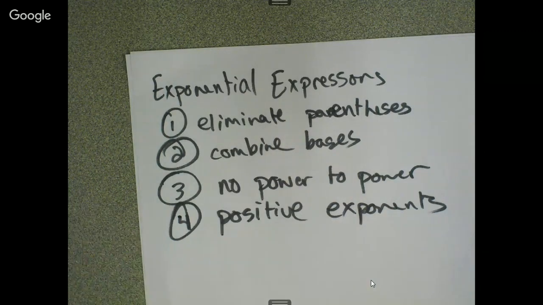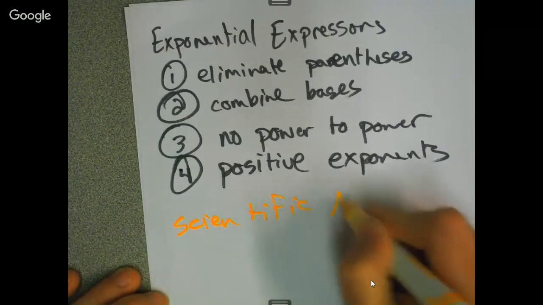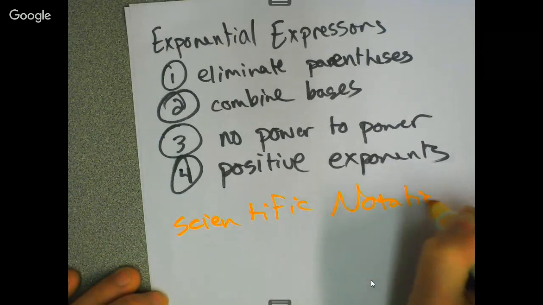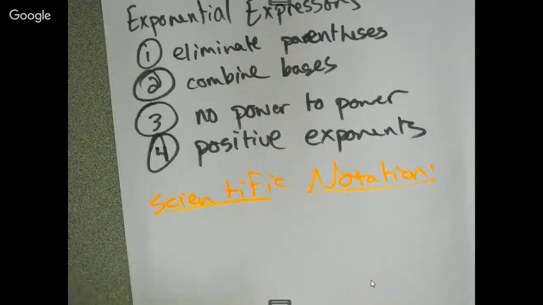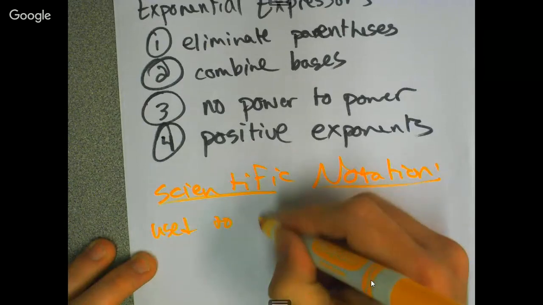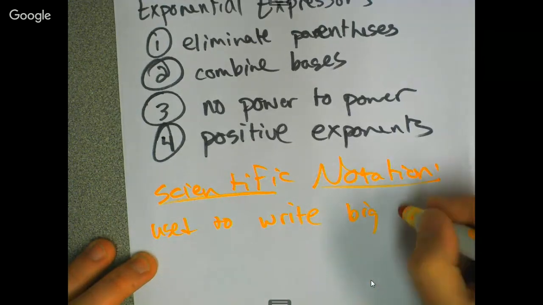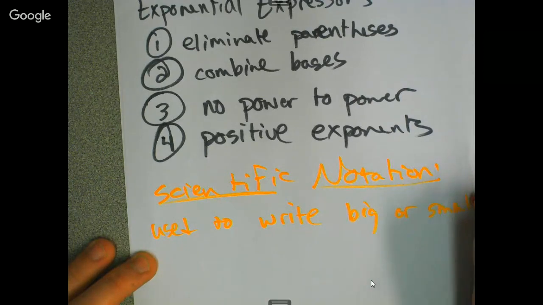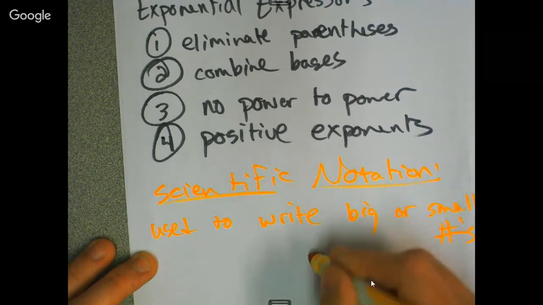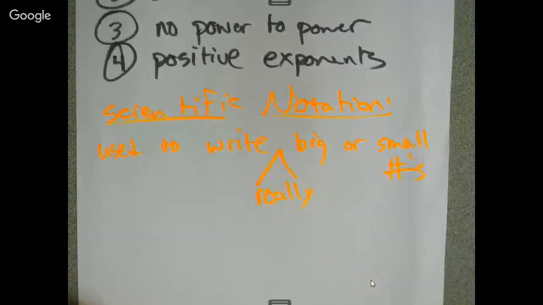Let's talk quickly about scientific notation. Scientific notation is used to write really big or really small numbers.